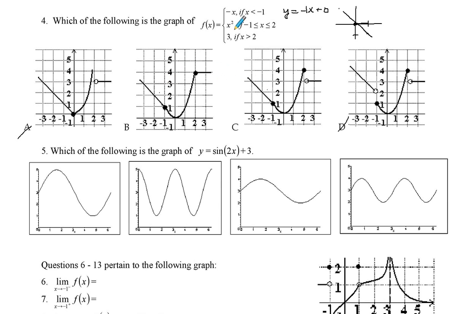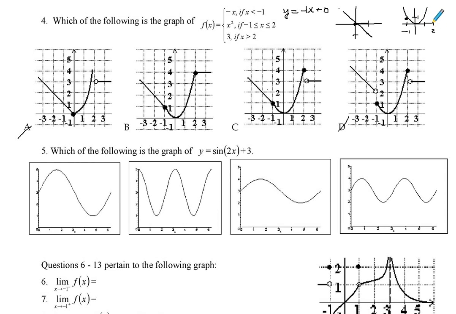What about the x squared? It's y equal x squared if you're between negative 1 and positive 2. Well, remember that x squared is just a parabola. Looks like that. And we chop it off at negative 1 and positive 2. So let's see here. X squared, if you plug in negative 1 for x, negative 1 squared is positive 1. So this should hit at positive 1 right there.